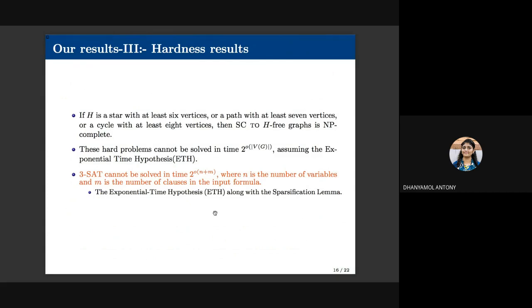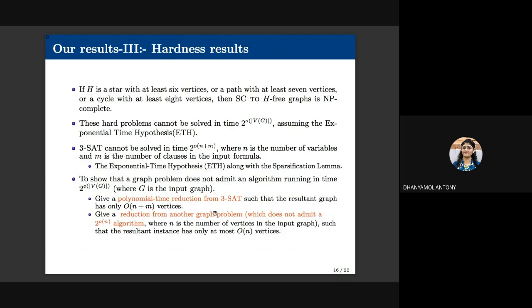Because of the exponential time hypothesis along with the sparsification lemma, we know that the 3-SAT problem cannot be solved in sub-exponential time. So to prove that a graph problem does not admit a sub-exponential time algorithm, we can have two ways. We can give a polynomial time reduction from a 3-SAT formula such that the resultant graph has only order of n plus m vertices, where n is the number of variables and m is the number of clauses of the formula.